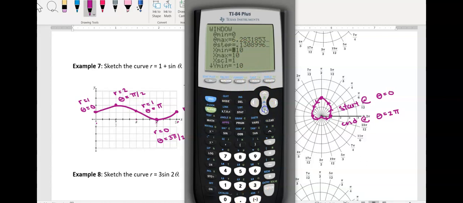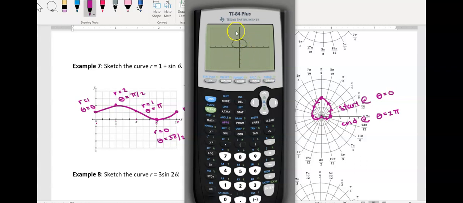So then we can go down to x min and x max. Now notice my r values are not very large, so you could make this smaller. Instead of -10 to 10, you could make this smaller, maybe -5 to 5, and that might zoom in on the picture a little bit to help give it a closer view. So now if I go ahead and hit graph, we can see that we have the same shape.